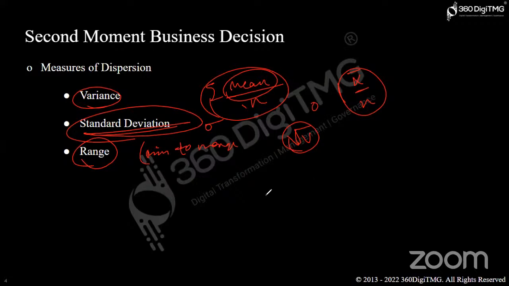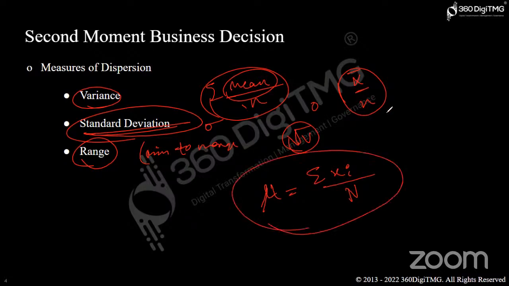So the mean value, we'll say it is mu, and it is given by sigma xi divided by n. That is what I've written. And this is the variance.